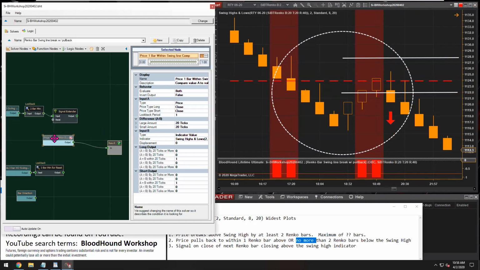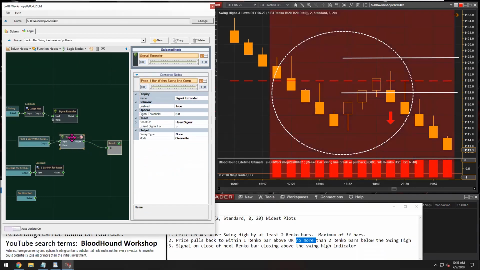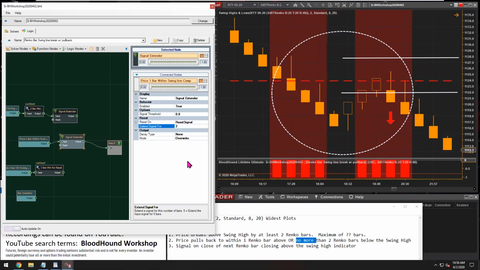So we'll need to take this and use another signal extender. We'll extend it by three bars. Actually, no, I think we only need to extend 2 bars.